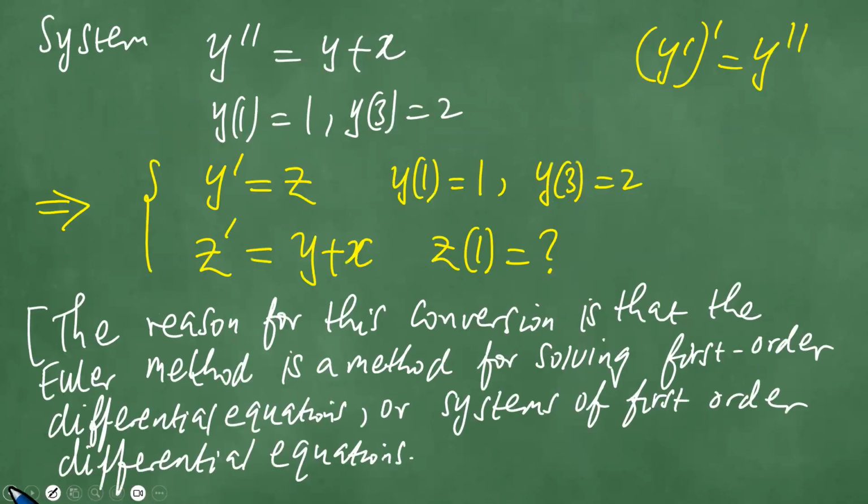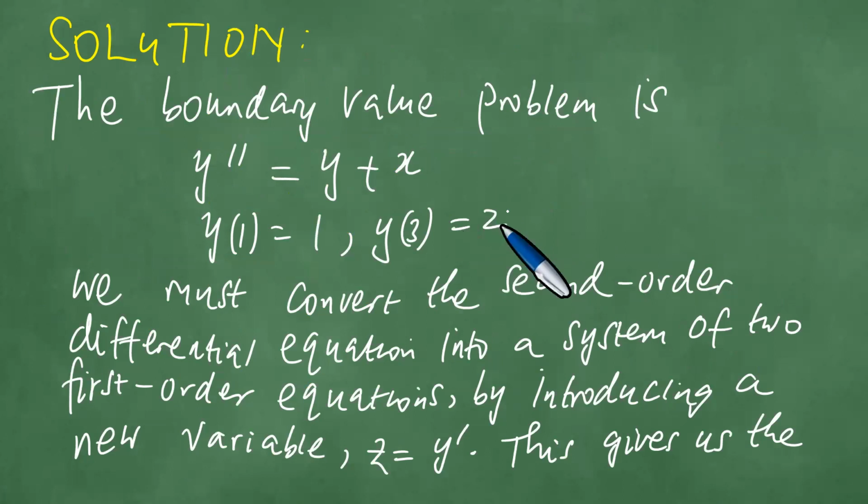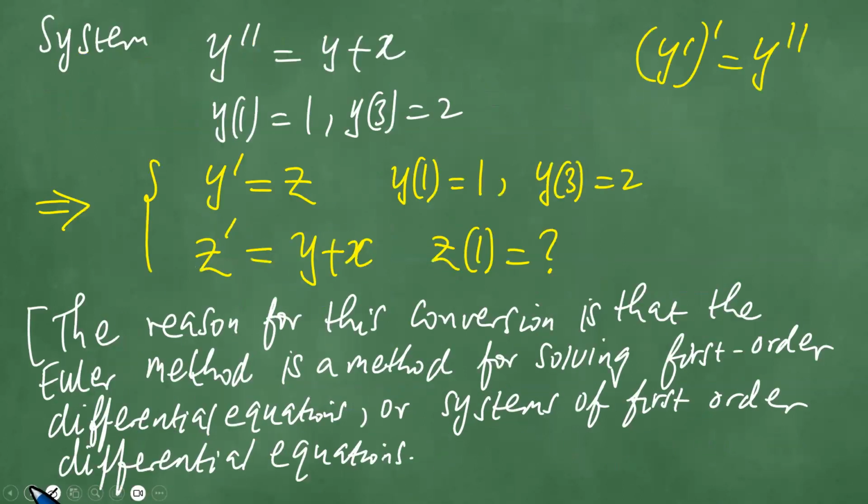So we need to get this. But now the question is, what value of z at 1 do we start with? There's y at 1, but z at 1 we guess.